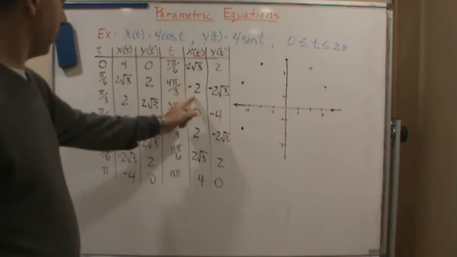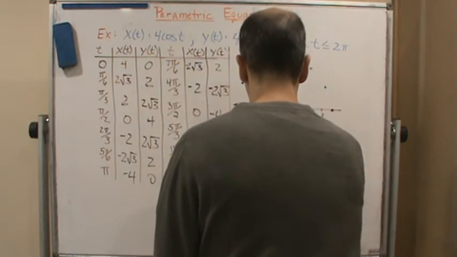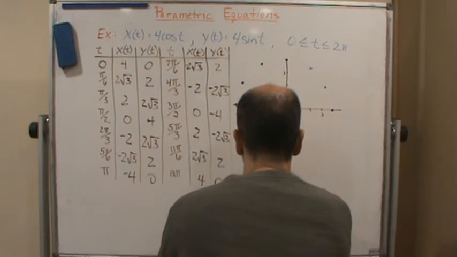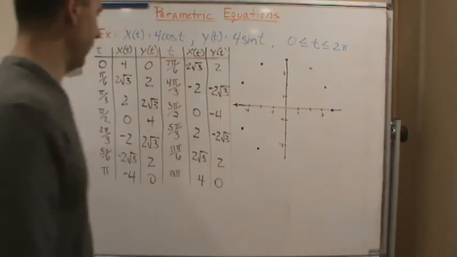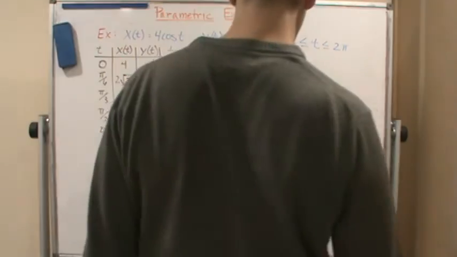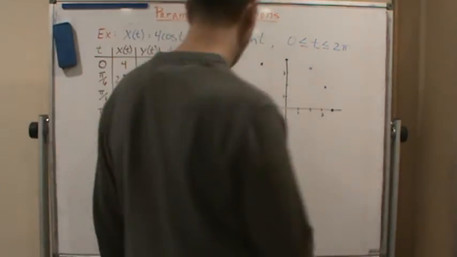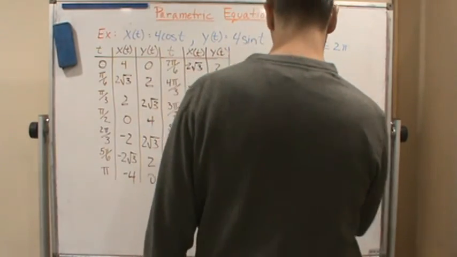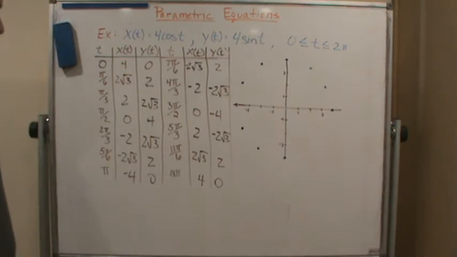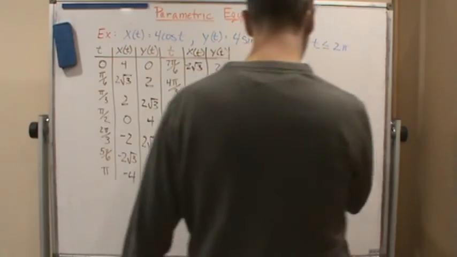And then -2, -3.5, so about right there. And then 0, -4, right there.